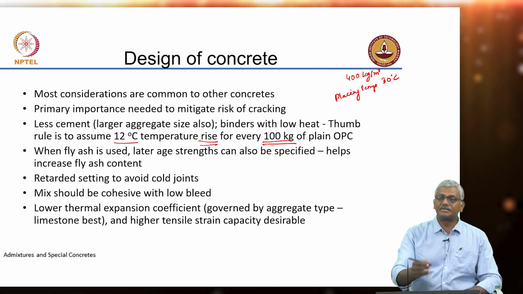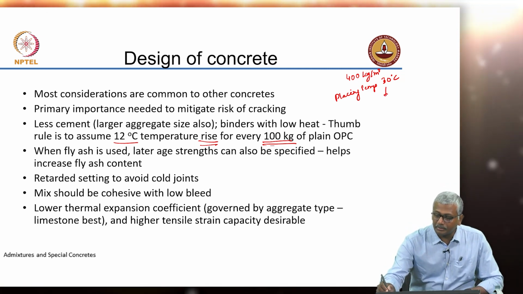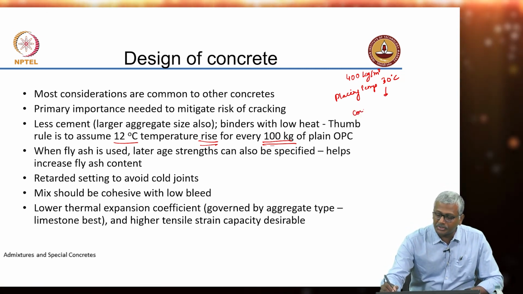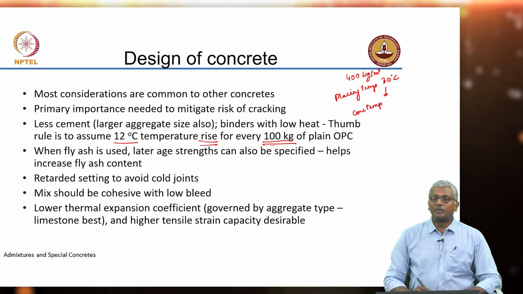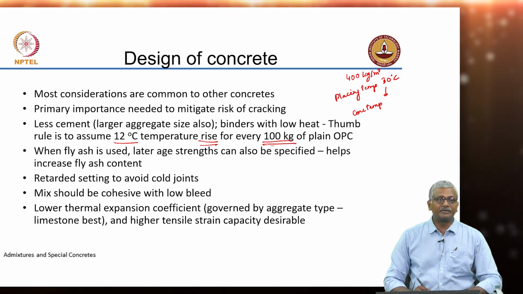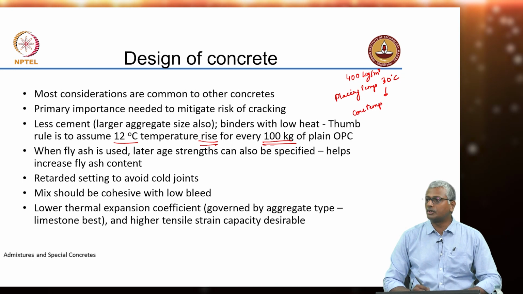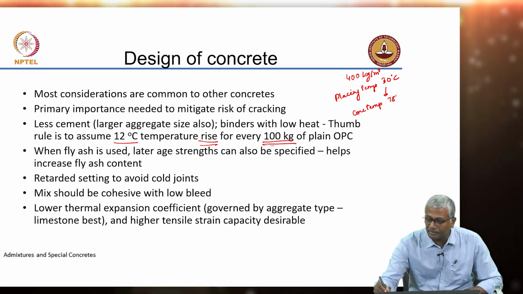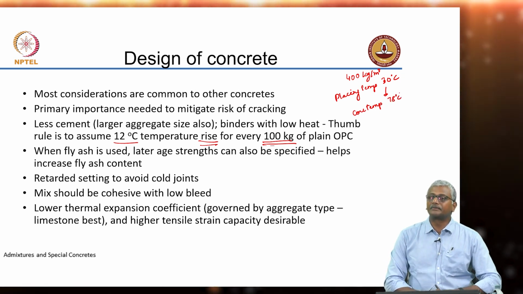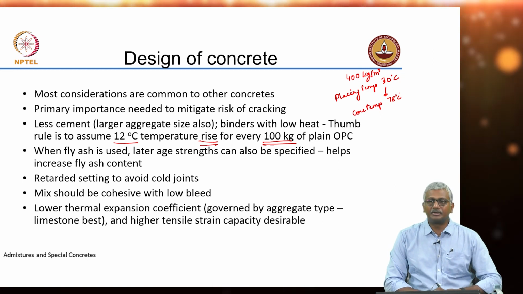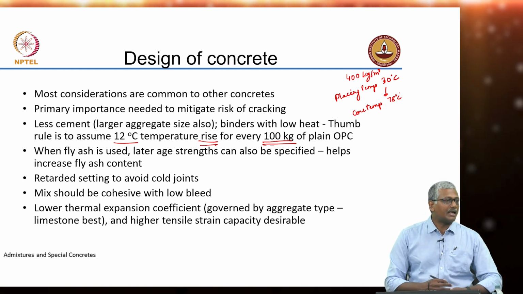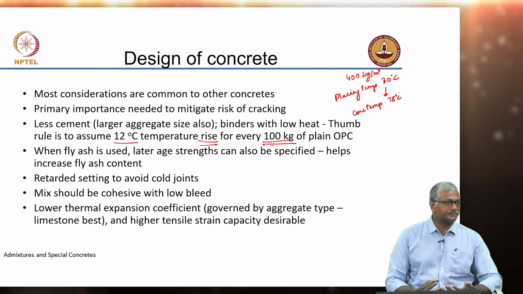So as per this thumb rule, my final or core temperature will go up to 30 plus 12 into 4, that is 78 degrees Celsius. It's a quick estimation. Now you can obviously estimate accurately by putting in a thermocouple, right?